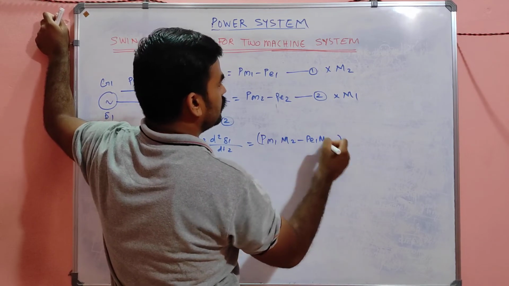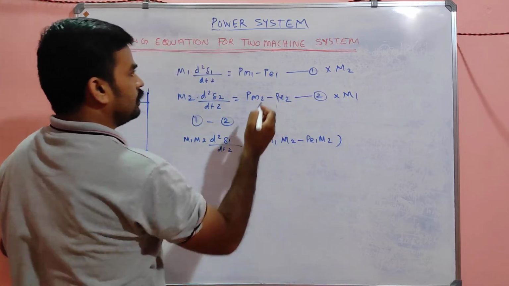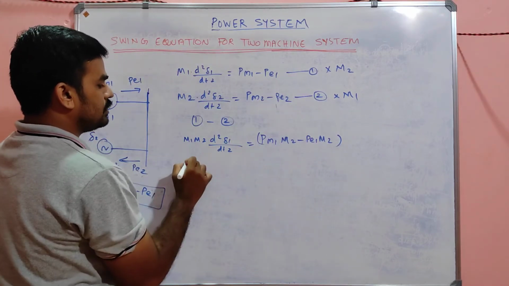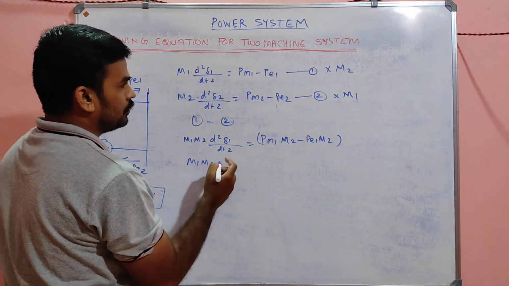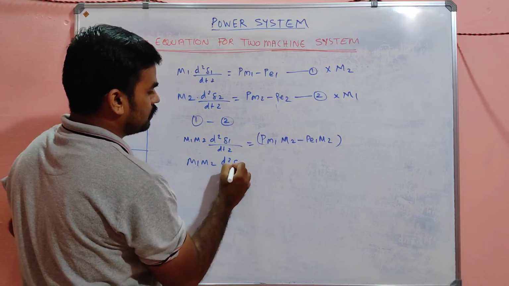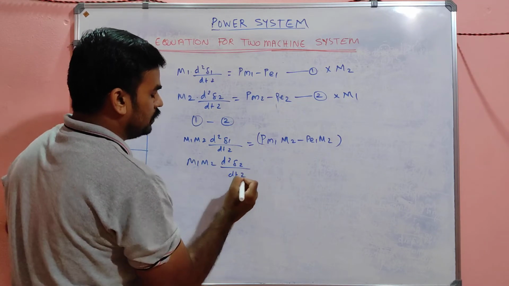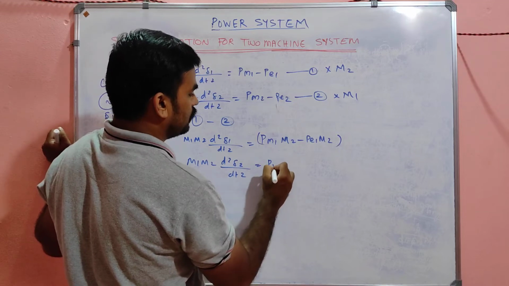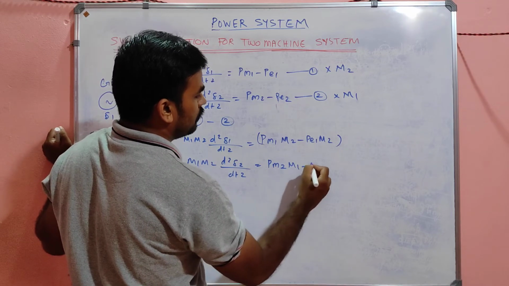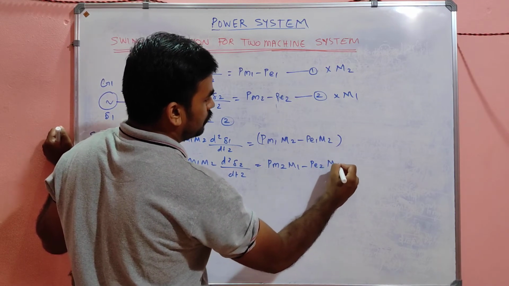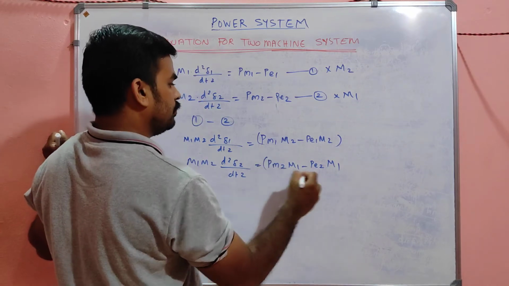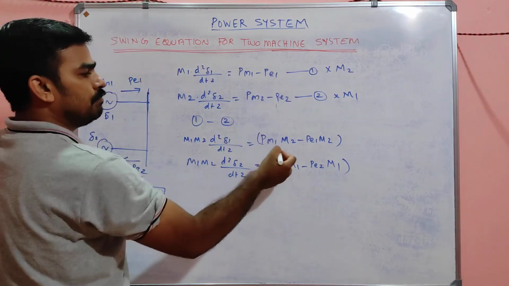Is it correct, my dear? And minus again M1 M2 into d square del 2 divided by dt square equal to Pm2 into M1 minus Pe2 into M1. Okay, the two equations will be like this.